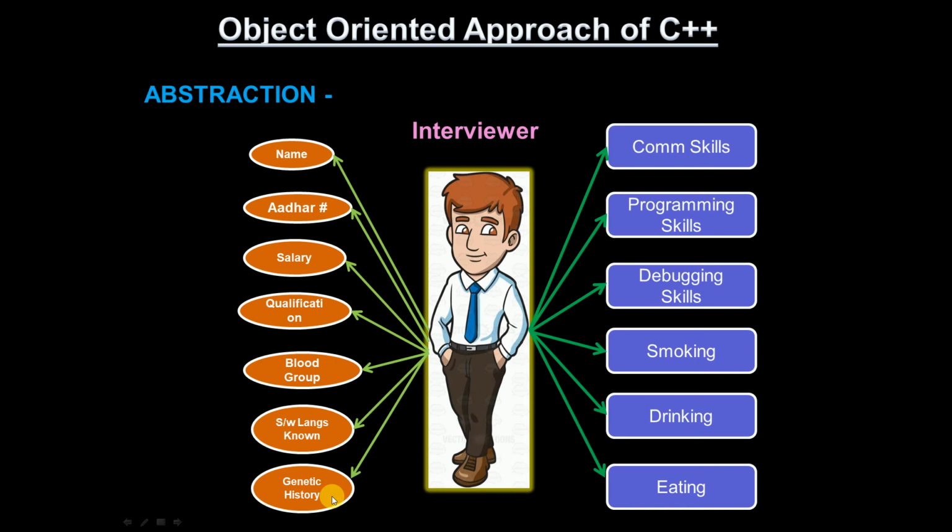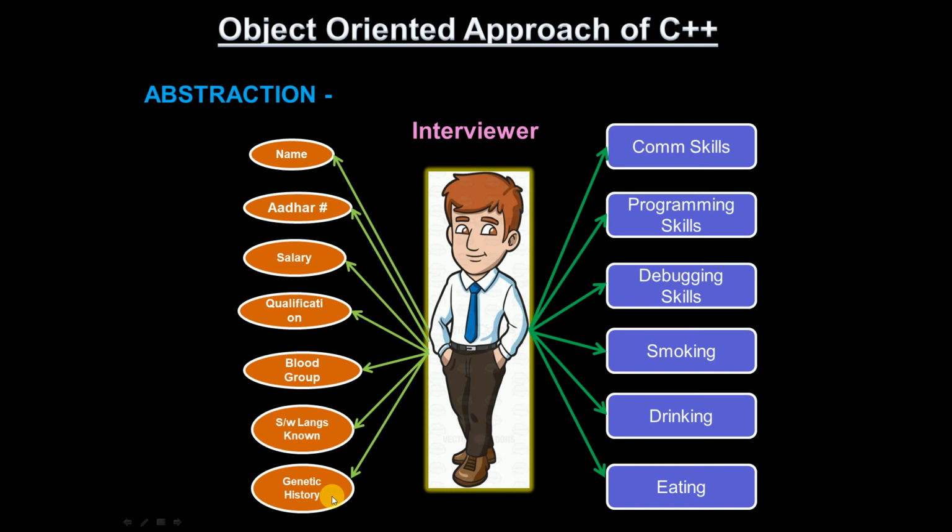When you are interviewing, why do you want to know how many cigars he is smoking per day, what brand of drink he is having, what he is eating every day, how many times he eats, what food habits he has? All these things are not required. That is unnecessary information for an interviewer.